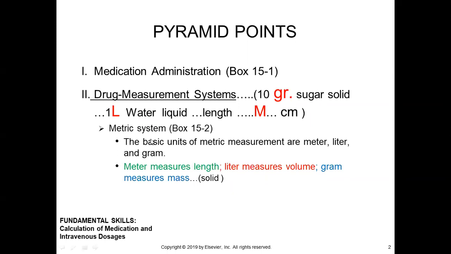The metric unit or system, the basic unit of metric measurement are meter, liter, and gram. But meter for the length, liter for the liquid, and gram for the solute.